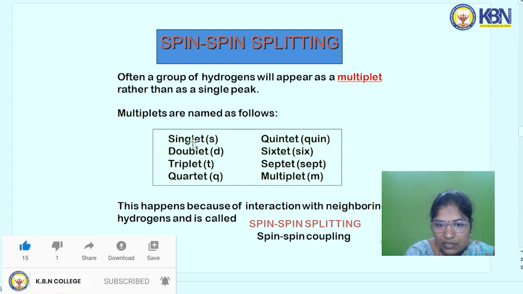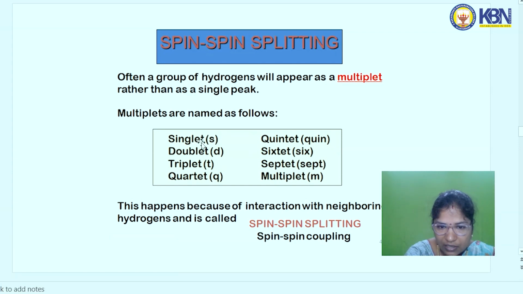If the number of neighboring protons is 0, 0 plus 1 shows a singlet. With 1 neighboring proton, 1 plus 1 shows a doublet. With 2, 2 plus 1 shows a triplet. With 3, 3 plus 1 shows a quartet. With 4, 4 plus 1 shows a quintet. With 5, 5 plus 1 gives a sextet. With 6, 6 plus 1 gives a septet. And for more than 6 neighboring protons, we measure it as a multiplet.